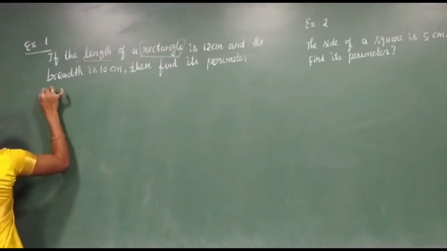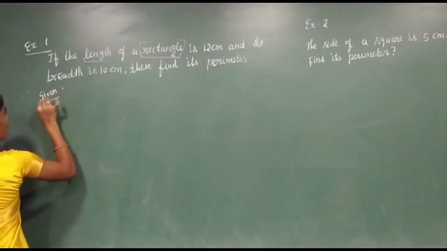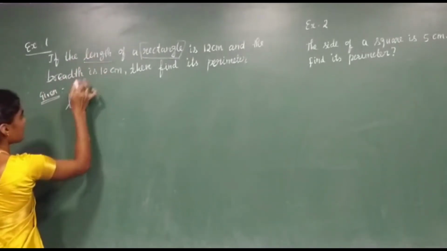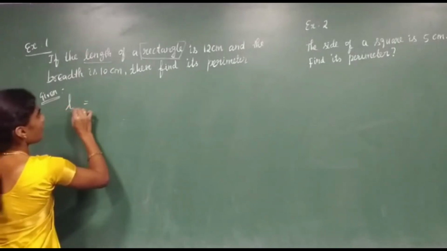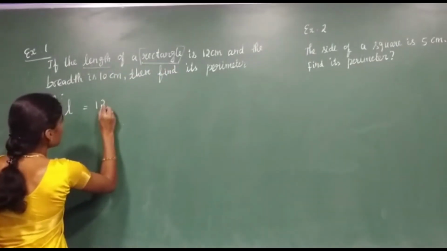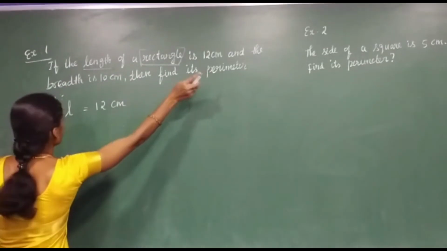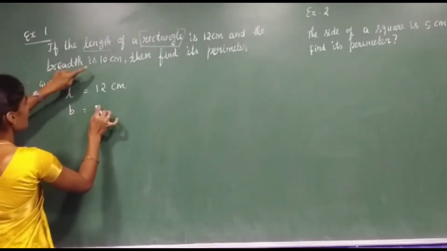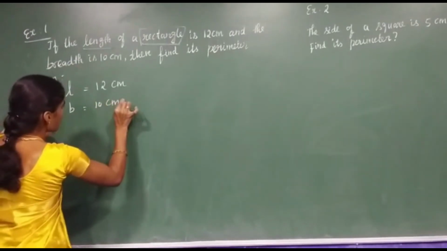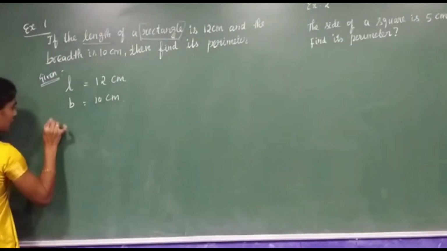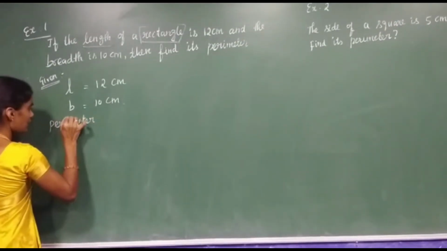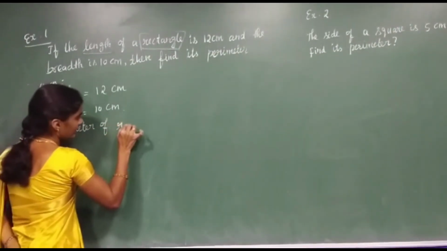First of all, we write the given: length, represented by L, is 12 centimeter. The breadth, represented by B, is 10 centimeter. Now we want to calculate the perimeter of the rectangle. What is the perimeter of a rectangle?